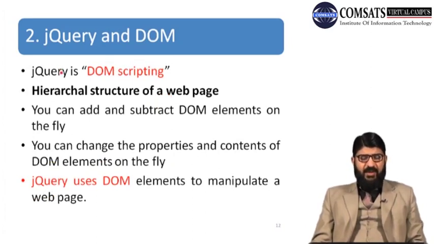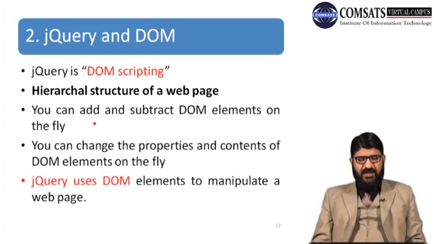Now moving onward, you can see that jQuery is basically DOM scripting. What does it mean? It means that the hierarchical structure of web pages is defined, as we have seen in the previous hierarchy tree, and you can add different elements and remove different elements of the DOM at runtime, on the fly, during the working of web pages.